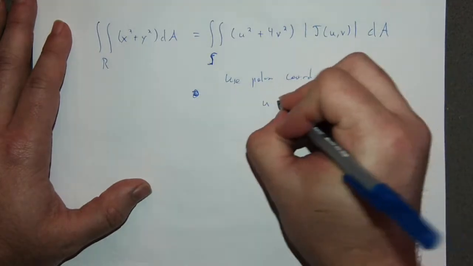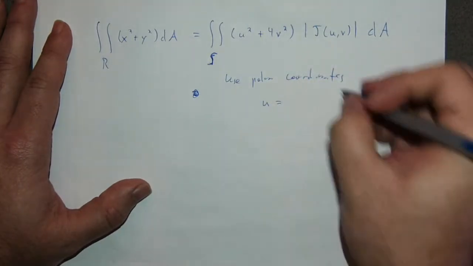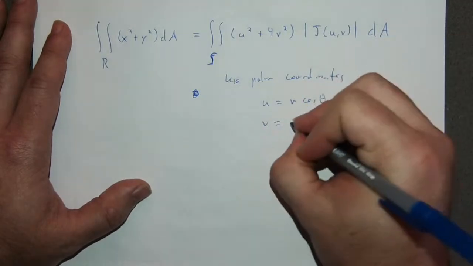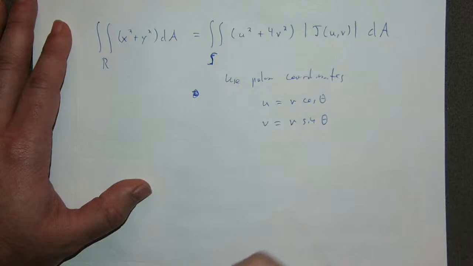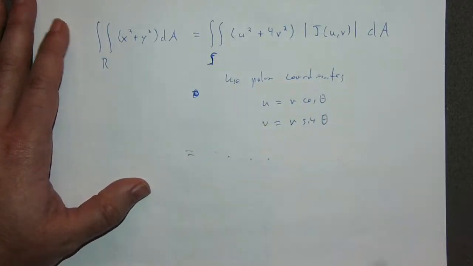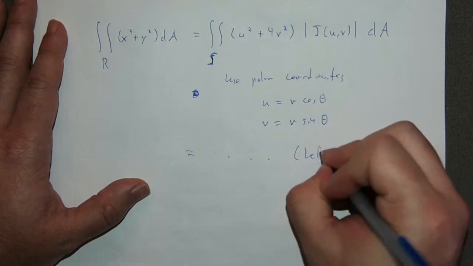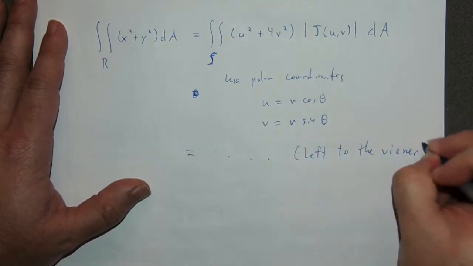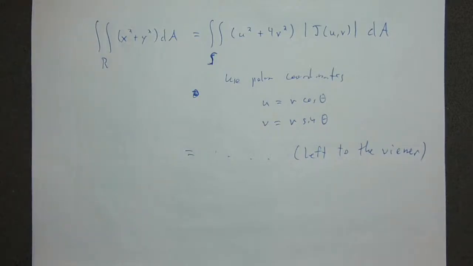So I would let u be r cosine theta, and let v be r sine theta, right? And proceed like that. So left to the viewer. Okay. So hint, hint, I may put a very similar thing on your next exam.